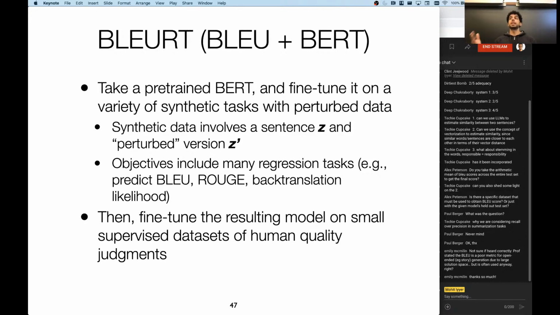So essentially, this evaluation metric is directly learned to predict human judgments. It's not like BLEU, where we're computing some basically stats on the word overlap, and somehow it magically correlates with human judgments. Here, we're training a model to directly predict human judgments. So this approach allows us to leverage a lot of the pre-trained language model, the parametric knowledge that we have in BERT.